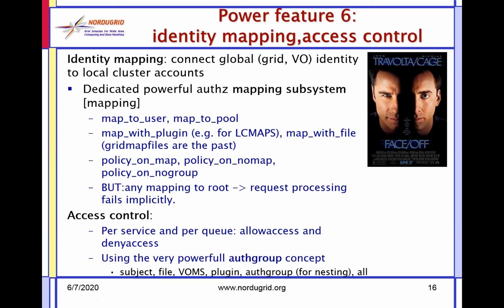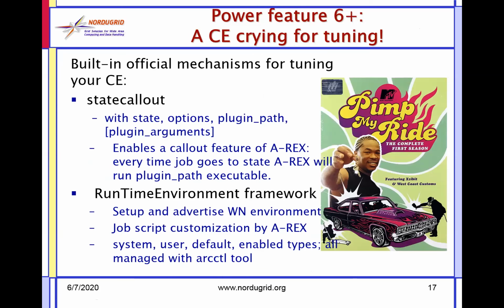Yes. So anything you were able to do with the CREAM and EGI setups, you can do very nicely with ARC6 with the ARC native features. And then ARC6 also offers you customizability. So you could do very clever things with the state callout.